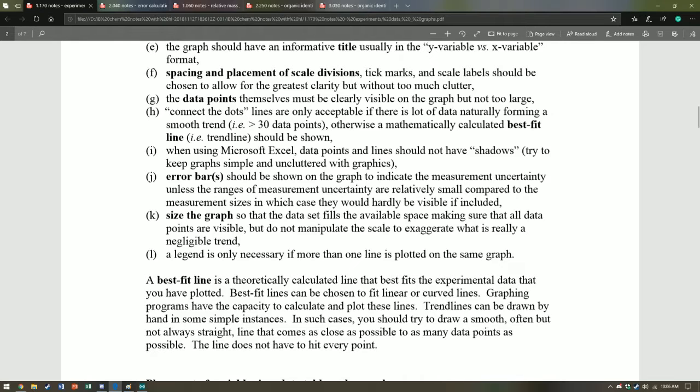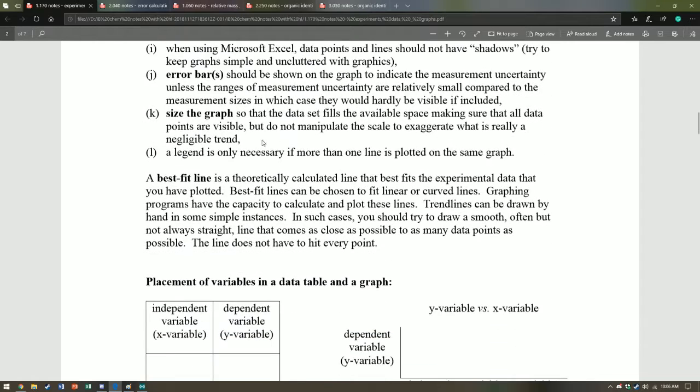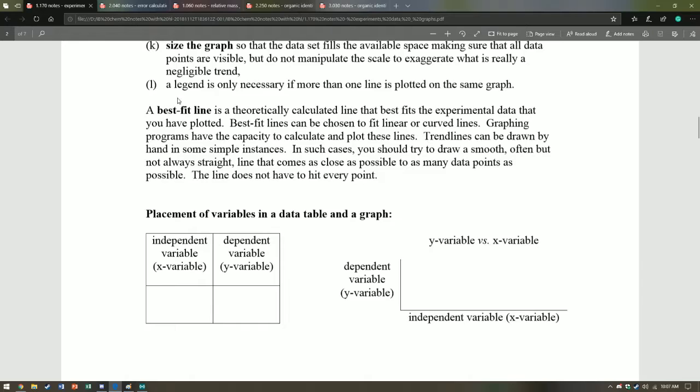If you're using Excel or whatever, data points and lines should not have shadows, so try to keep the graph simple and uncluttered. Size your graph such that it's easy to see, but don't exaggerate the scale. Be honest with your data and reflect that in the size of your graphs. Lastly, you only need a legend if more than one line is plotted on the same graph.